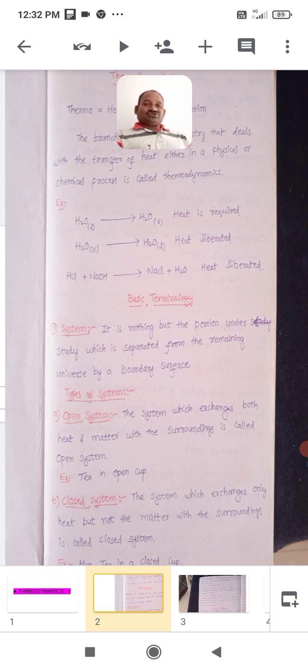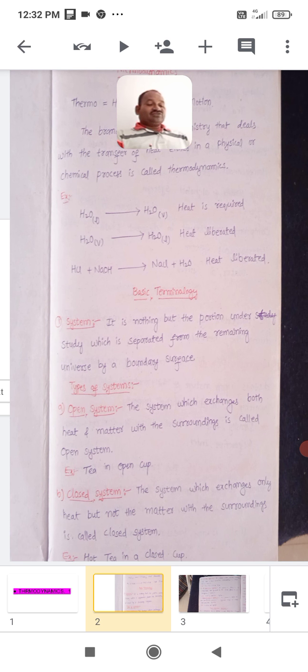Next is the closed system. The system which exchanges only heat but not matter with the surroundings is called a closed system. An example is hot tea in a conical flask or a closed cup.